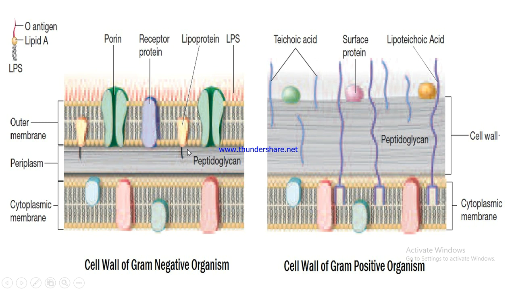After that, there is an outer layer made up of lipid and carbohydrate, considered to be the lipopolysaccharide layer, present in the Gram negative bacteria. Teichoic acid is present in the cell wall of Gram positive bacteria and absent in the Gram negative bacteria.